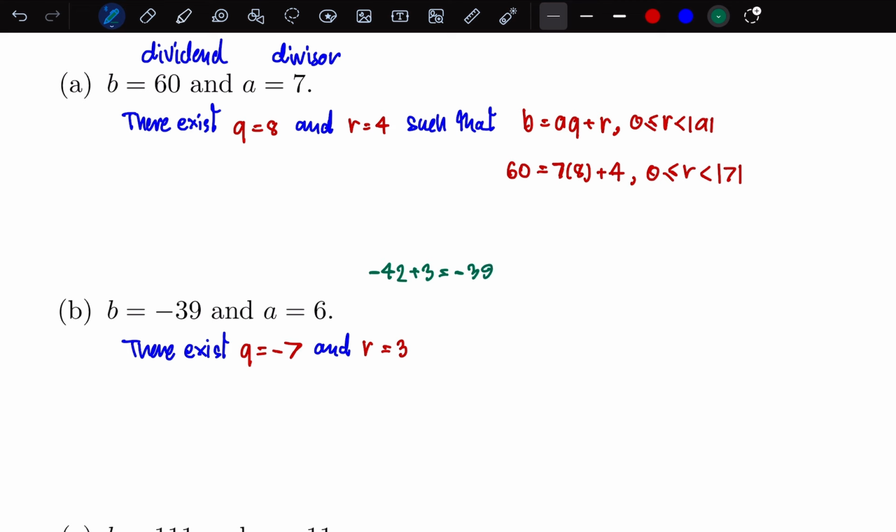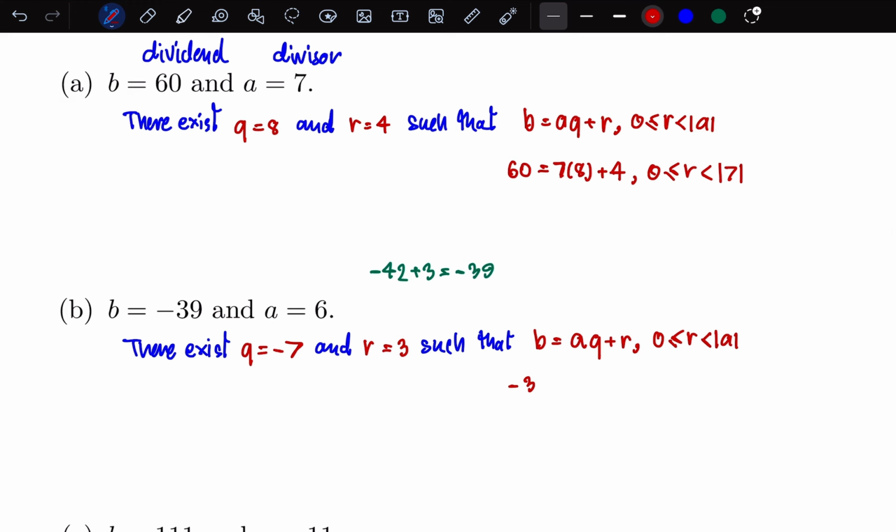Okay, let's use the division algorithm. So we have B is minus 39, A is 6, Q is minus 7, plus R, where R is greater than or equal to 0 and less than the absolute value of A. And B is minus 39, A is 6, Q is minus 7, R is 3.